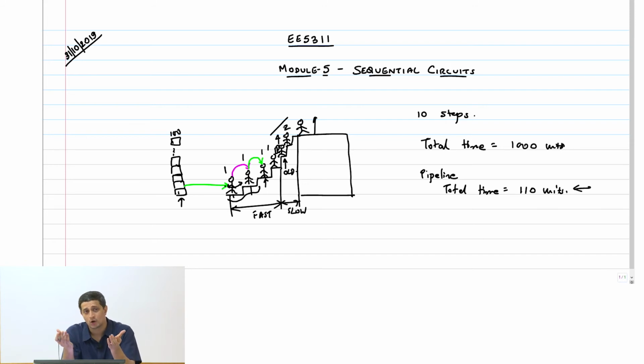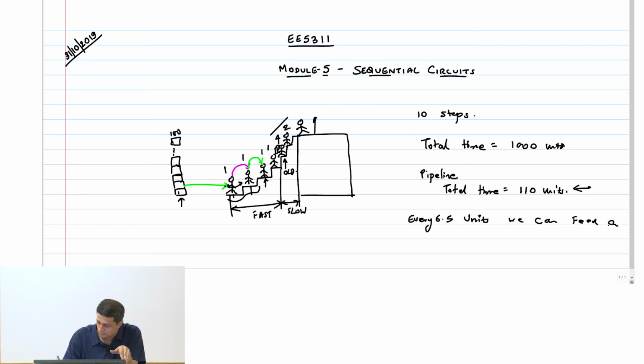Of course, now because I put pedestals in there, I am going to have a further loss in time, in the time that I can send it. So let's say there is a half unit delay because of placing a pedestal or a sequential element. So therefore, every 6.5 units we can feed a brick into the system without anything falling or breaking.